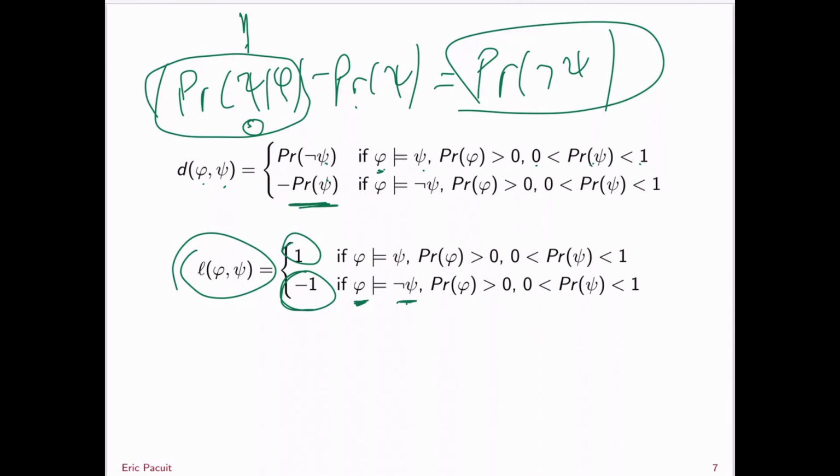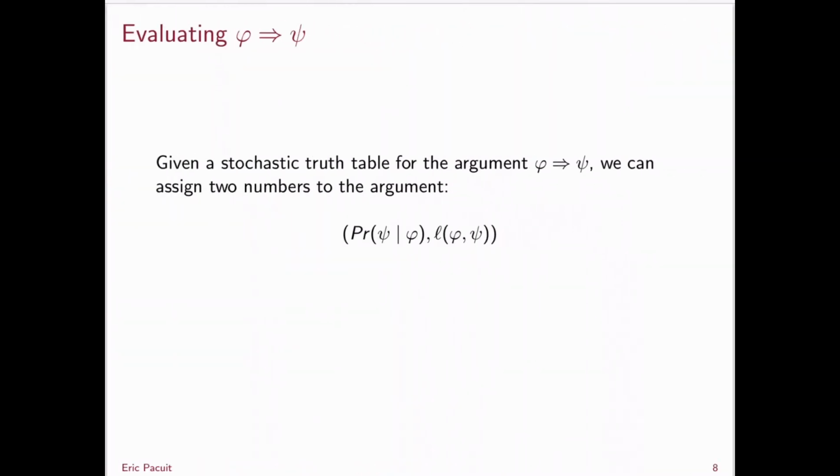So for this reason, it makes more sense to use the likelihood ratios formula for measuring relevance. Now, what does that mean? That means if you give me an argument with premise phi and conclusion psi and a stochastic truth table, we can assign two numbers to this argument: the probability of psi given phi and L of phi psi.